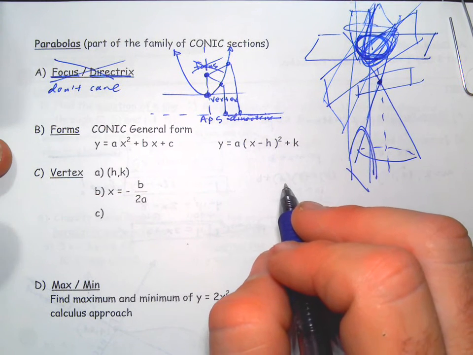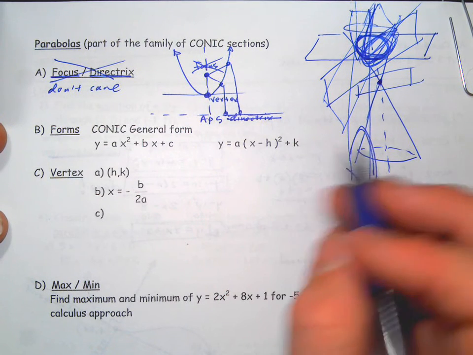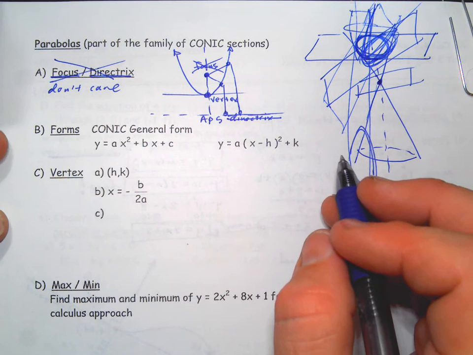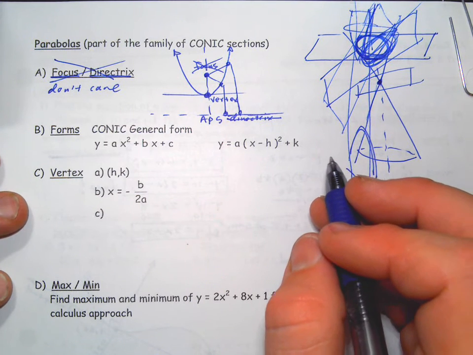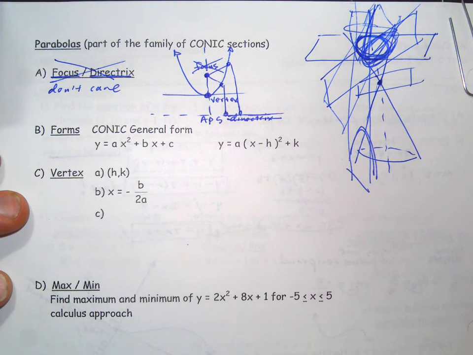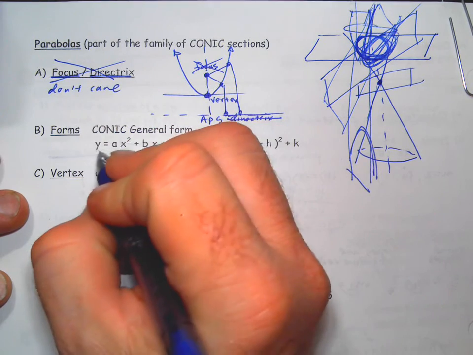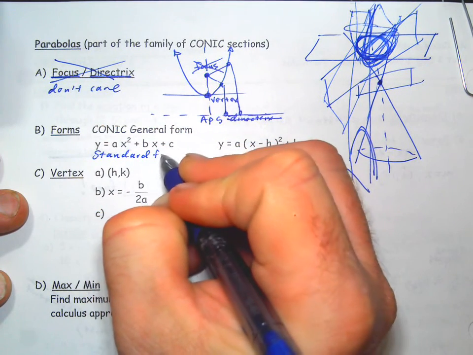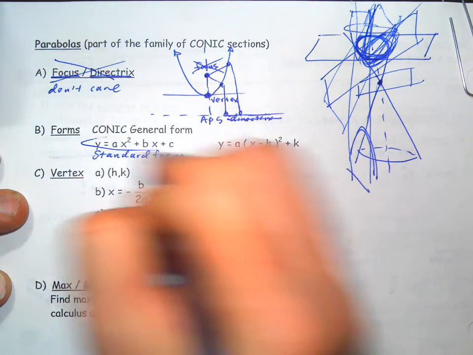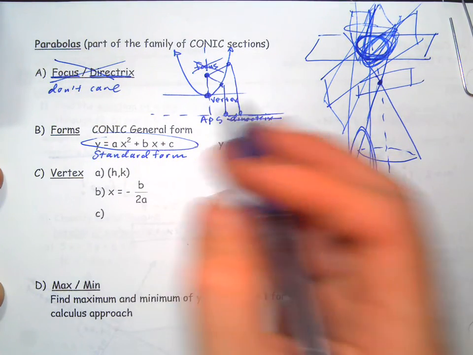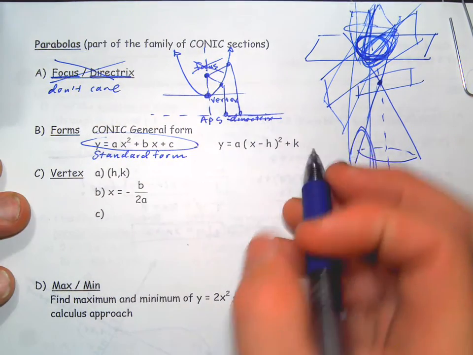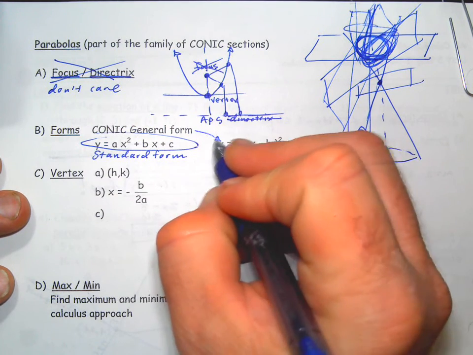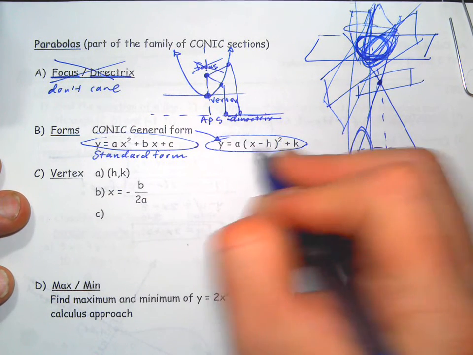Okay? Now, the general form of a parabola or quadratic looks like this. This is called the standard form, where you write y equals ax squared plus bx plus c. A, b, and c are numbers. But this is the general form, and this one has a square completed.